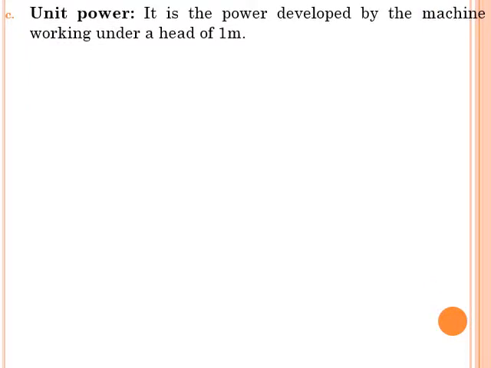The third unit quantity is unit power. The unit power is the power developed by the machine while working under a head of 1 meter.